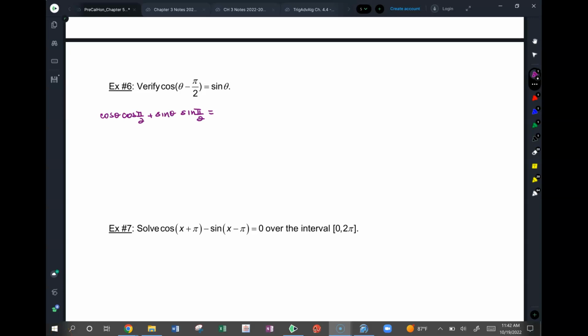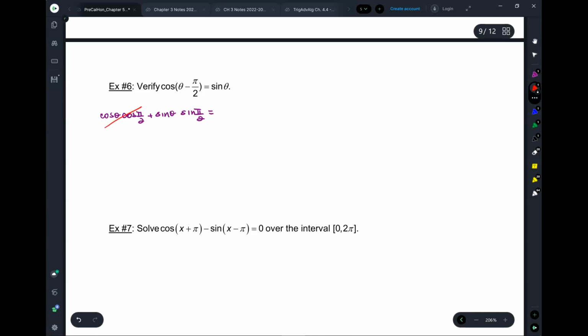Okay, what goes away here? Cosine pi over 2 is 0. So you can just say, okay, this whole thing goes away because it's 0. So then I'm just left with sine of theta times what's sine of pi over 2? 1. And that equals sine of theta. Isn't that cute? Wasn't that a minus?